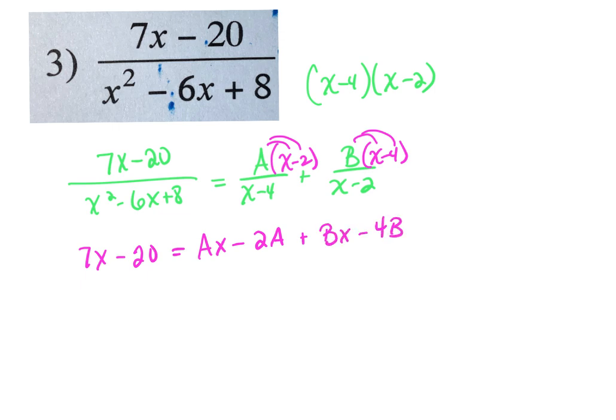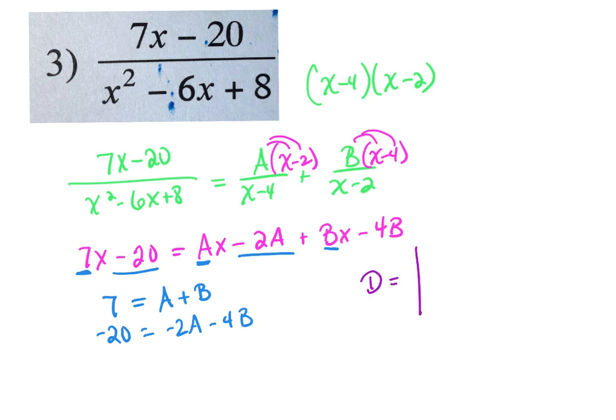And here you're going to set up two things. The coefficients, that's my 7, is going to equal my coefficients here. And my number is going to equal the numbers here, negative 2a minus 4b. This is where you're going to use your matrix to solve, Cramer's rule. So I'm going to say my determinant, that's going to be 1, 1, negative 2, negative 4.